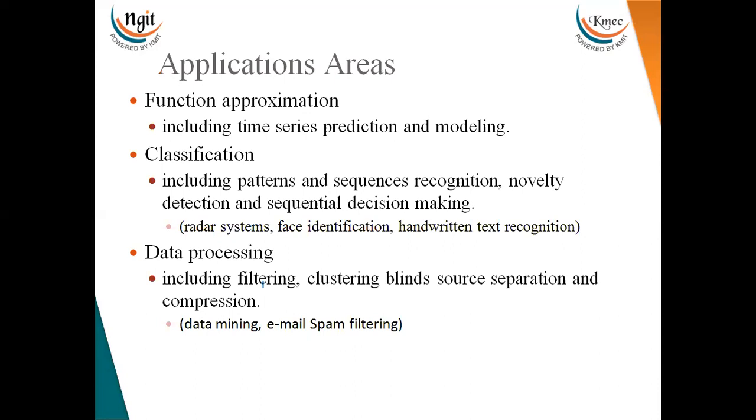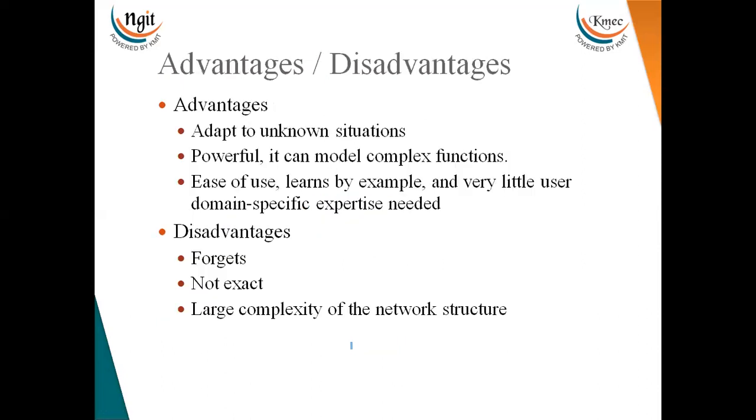So where can we use such an artificial neural network? Mainly in prediction. That prediction may be weather forecasting, stock market prediction, a classification which will help with decision making, data processing, email spam filtering, anything. Now, what are the advantages and disadvantages?